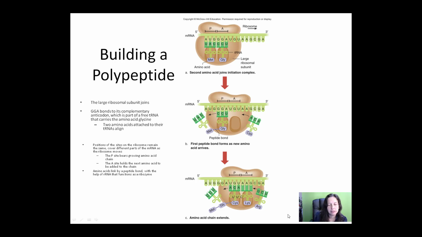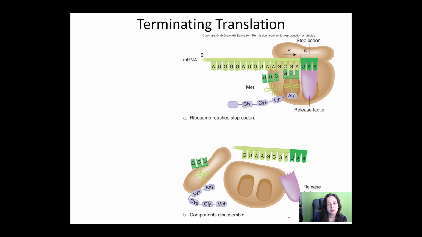So the amino acid chain gets extended. Each piece is brought in by a tRNA whose anticodon corresponds to the consecutive mRNA codon as the ribosome moves down the mRNA.